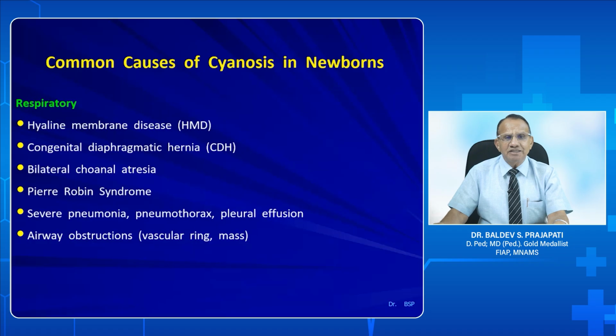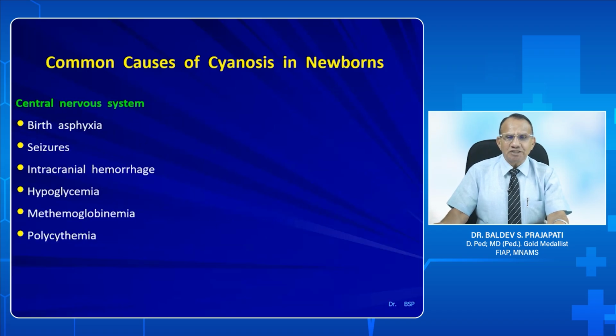Respiratory causes presenting as cyanosis in newborns are hyaline membrane disease, congenital diaphragmatic hernia, bilateral choanal atresia, Pierre Robin syndrome, severe pneumonia, pneumothorax or pleural effusion, or airway obstruction like vascular ring or some mass. Common causes related to the central nervous system are asphyxia, seizures, intracranial hemorrhage, hypoglycemia, methemoglobinemia, and polycythemia.